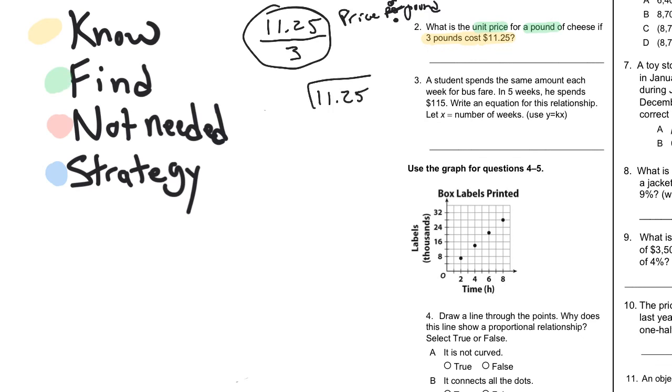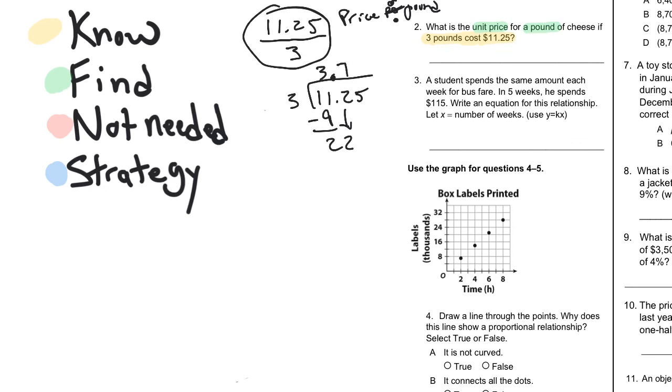So let's do it over on the side here. 11.25 divided by 3. Okay, let's put the decimal point up before we forget. All right, 3 goes into 11 how many times? Well, 3 times 3 is 9. 3 times 4 is 12. So 3. So we go 9. We subtract. We get 2. I bring down the 2. 3 goes into 22 how many times?